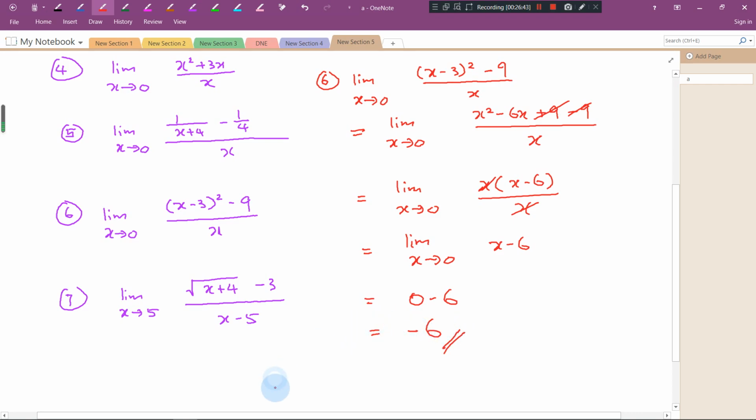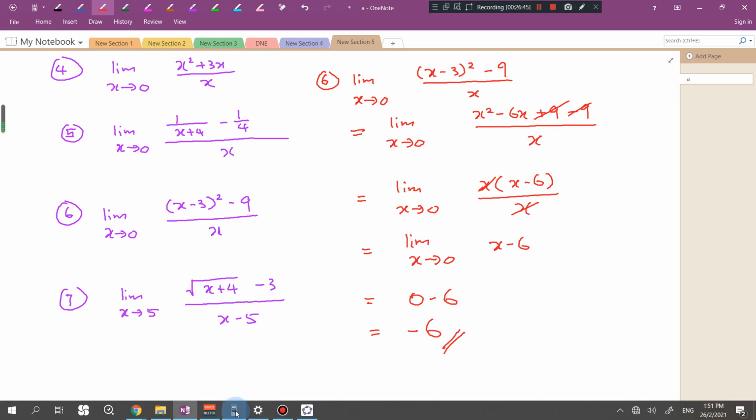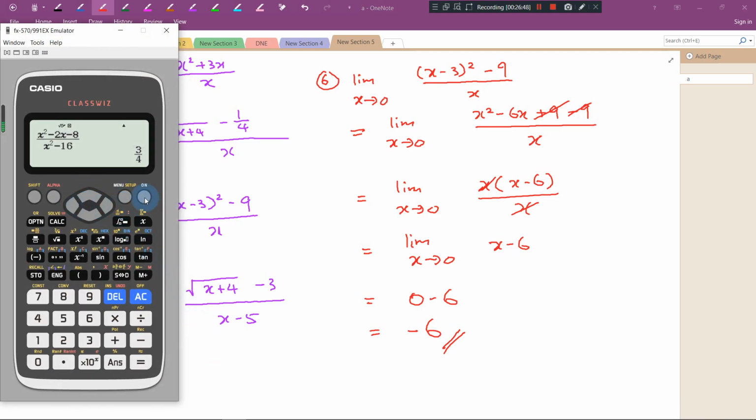If you want to use a calculator to check whether your answers are correct or not, you can try. Okay, let me key in this one first. x minus 3 squared minus 9 over x. Okay, then you press the calculate button. The calculator will ask you what is the value of x that you want to use.